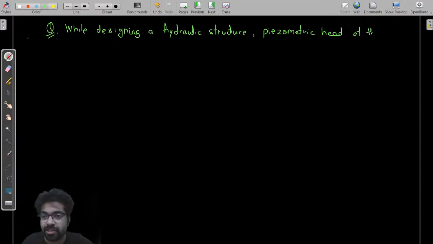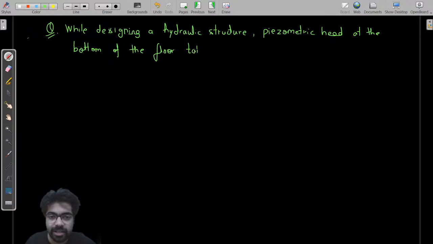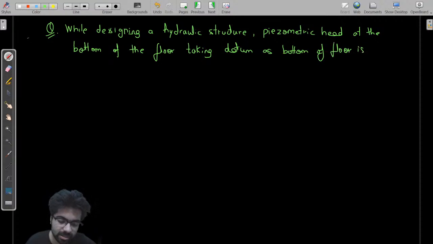Piezometric head at the bottom of the floor is given in this question, taking datum as bottom of the floor, is given as 5 meter.